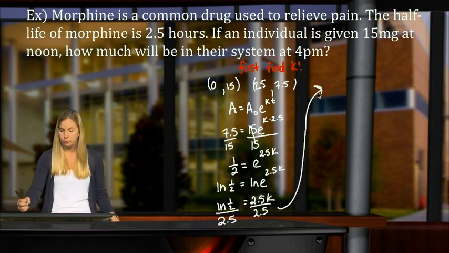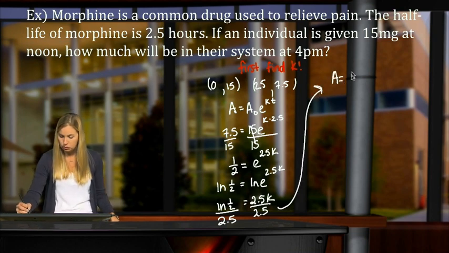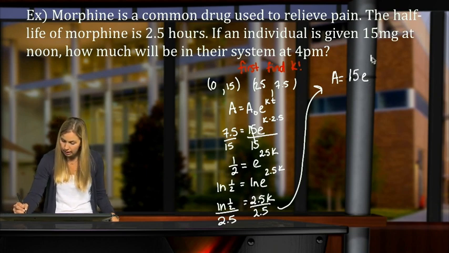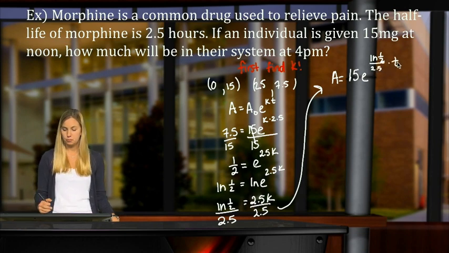If we plug that back into our model, A is equal to, our initial amount was 15, e to the natural log of 1/2 over 2.5 times t.